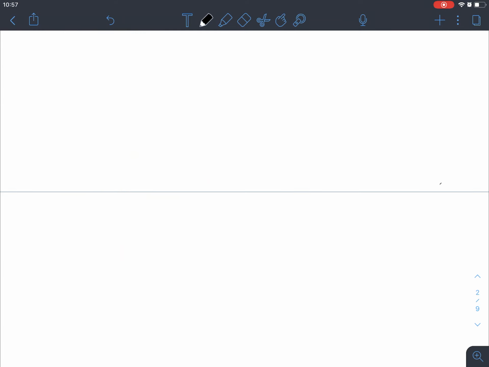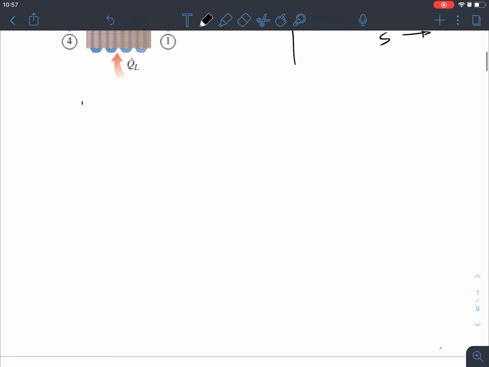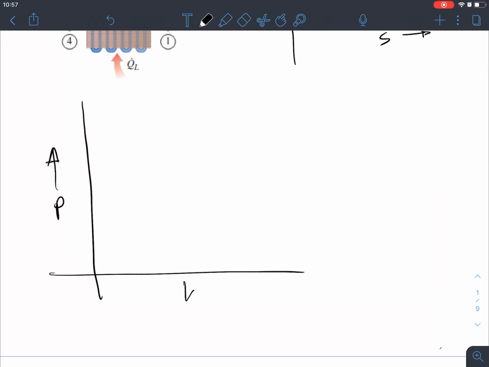Basically we know that this is W in, or the W compressor, this is the heat rejection QH, and this is the heat addition QL. And this is the expansion valve, 3 to 4. Anyway, the pH diagram will look like this: pressure versus enthalpy.